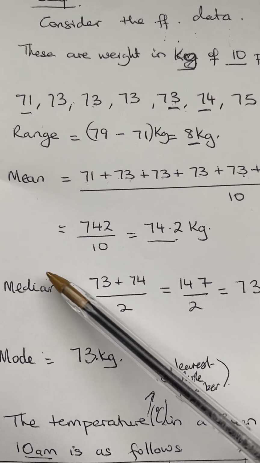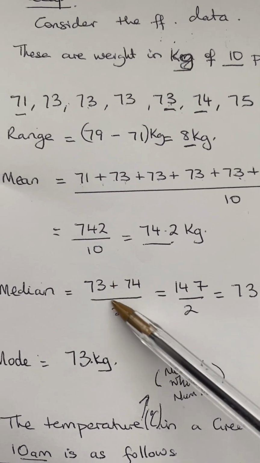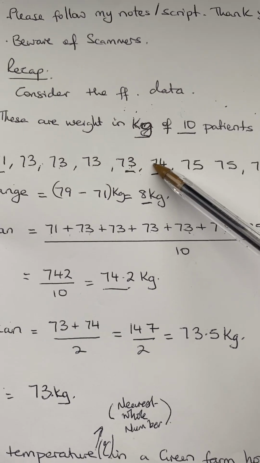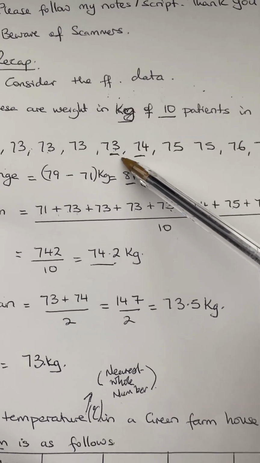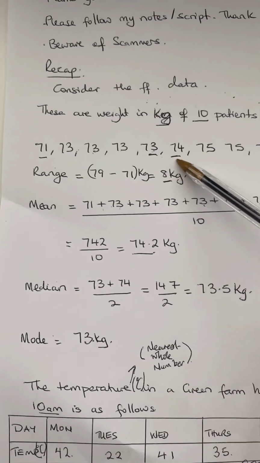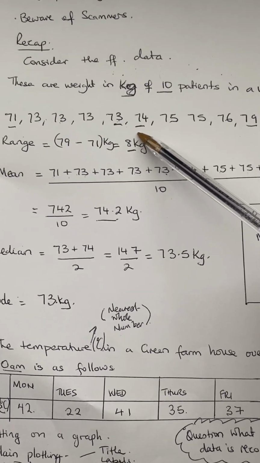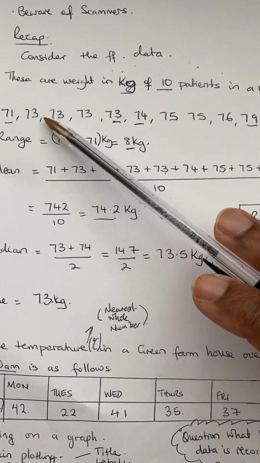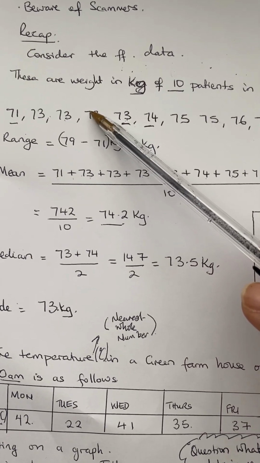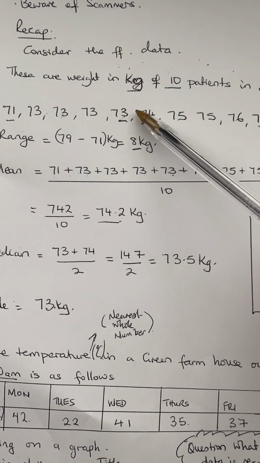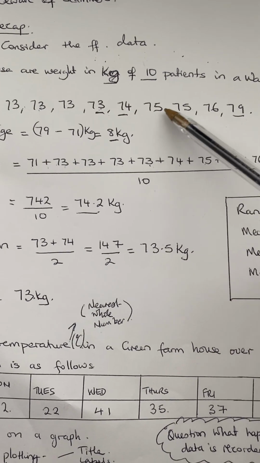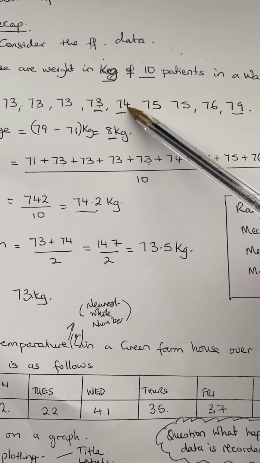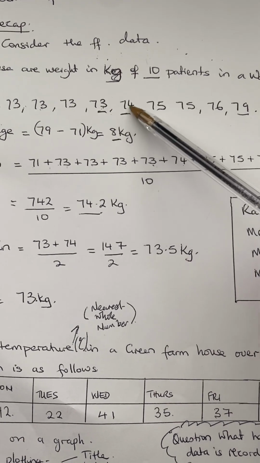Now the median is the middle number. Here we have two middle numbers, 73 and 74, if you look at it very carefully. 1, 2, 3, 4, 5, 6, 7, 8, 9, 10. 5 and 6 are the two middle numbers.